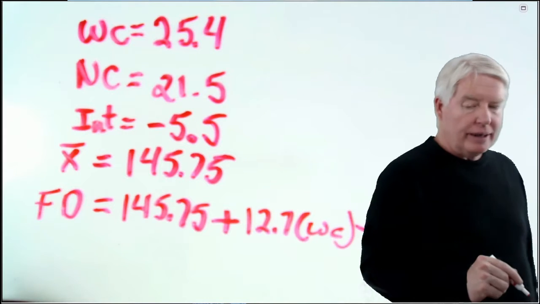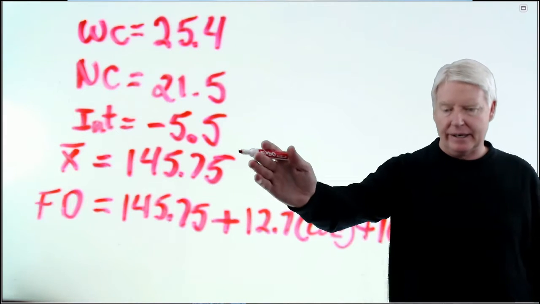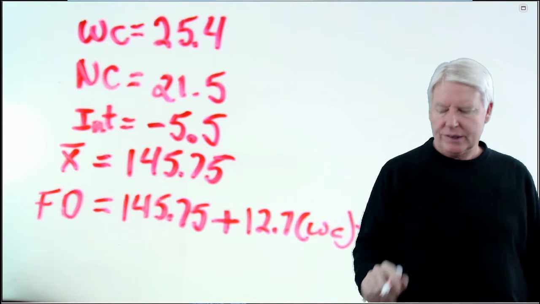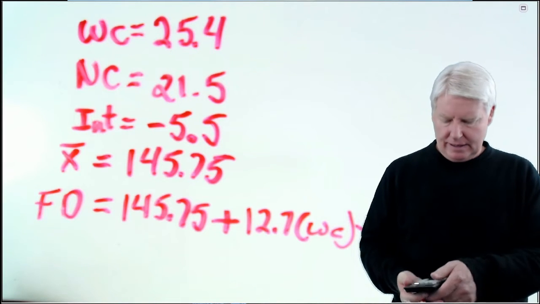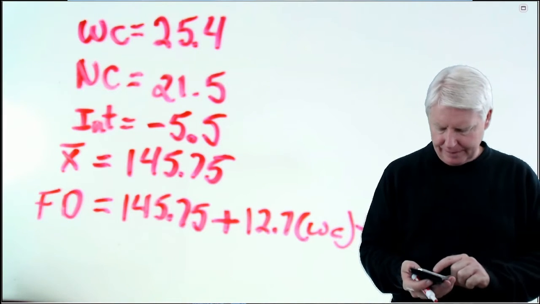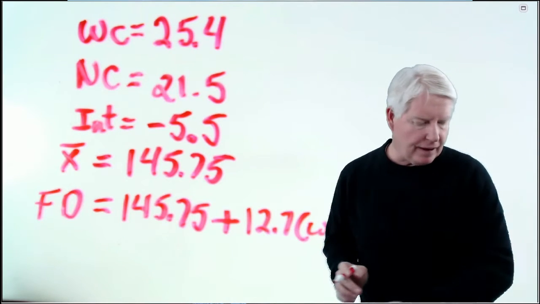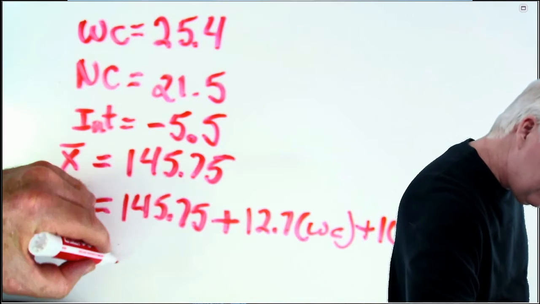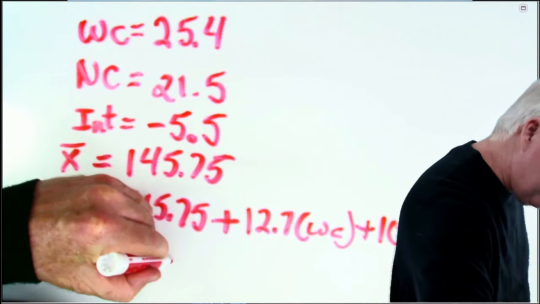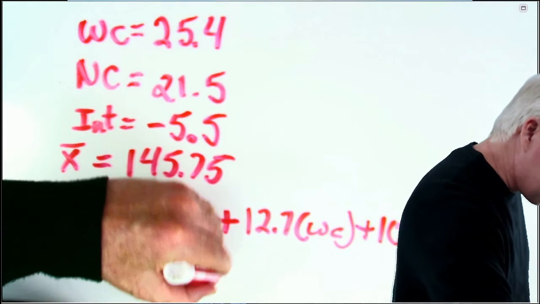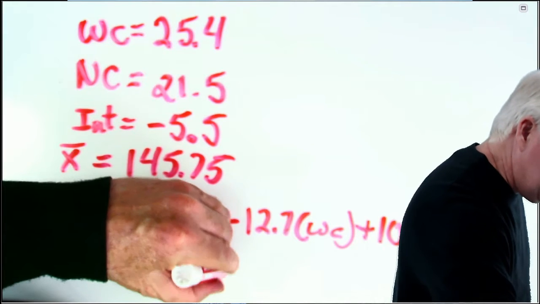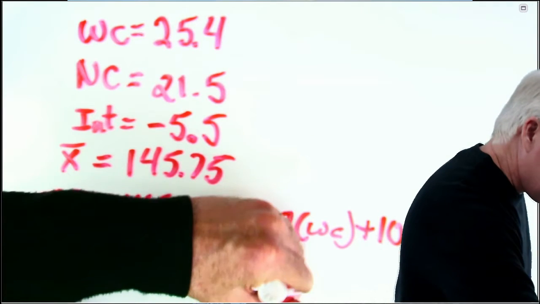And the next one is going to be a negative because it's my interaction coefficient. So it's going to be a negative and half of 5.5, which is 2.75. So negative 2.75 times wing condition times nose condition.